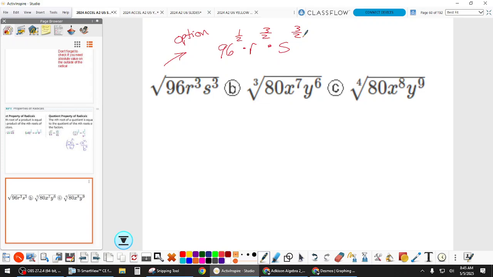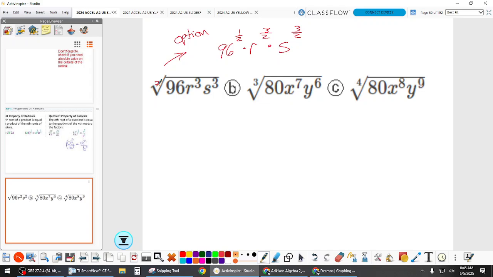What is the index of this? 2. It's a 2. And then we have 2 to the 3rd and the 1/2, which makes 3/2, right? Now, I'm pretty sure that you're not going to like that option better. Most people don't, so I'm just saying you could rewrite it and do stuff with it that way. I just don't think you'll want to.